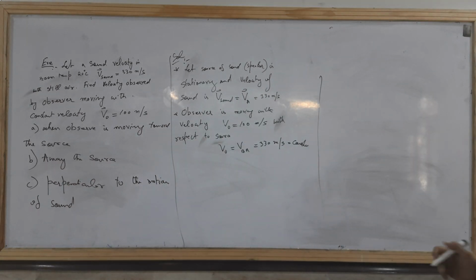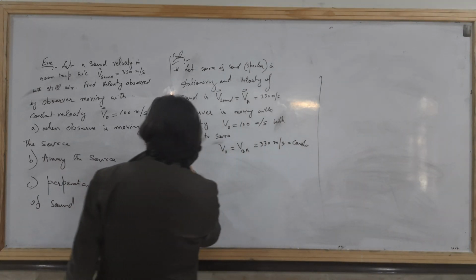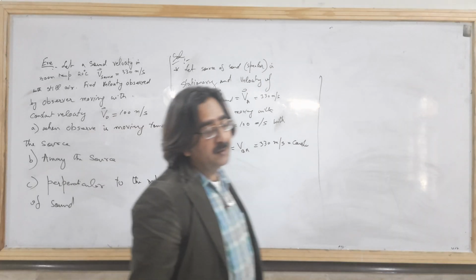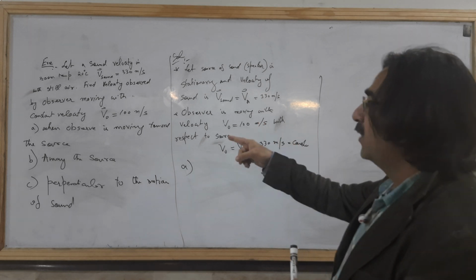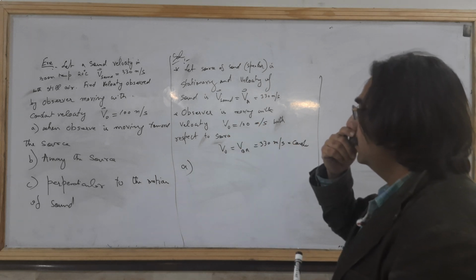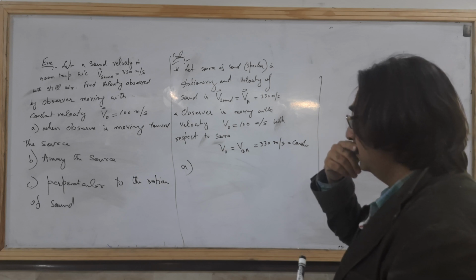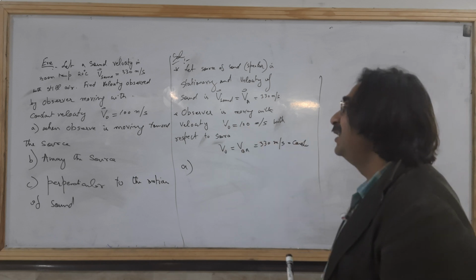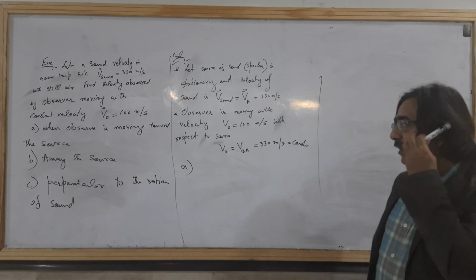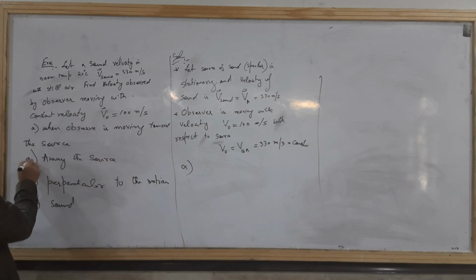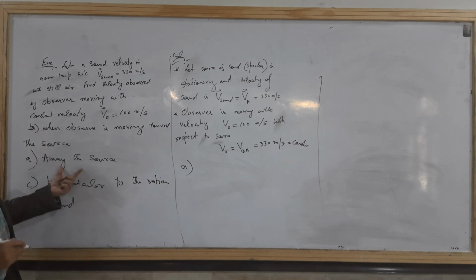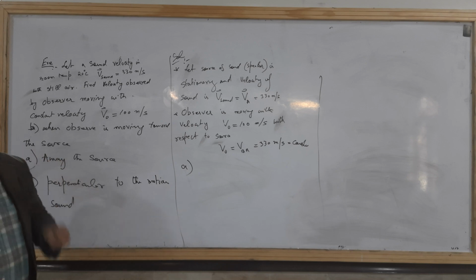Okay, now problem A. What is problem A? If the observer is moving towards the source, firstly we have considered toward. One minute, if we change it, consider this is A and this is B, because it is simple, firstly we solve away from the source.